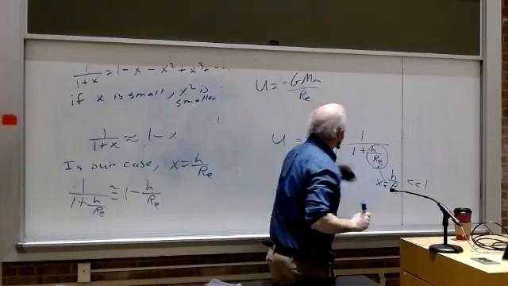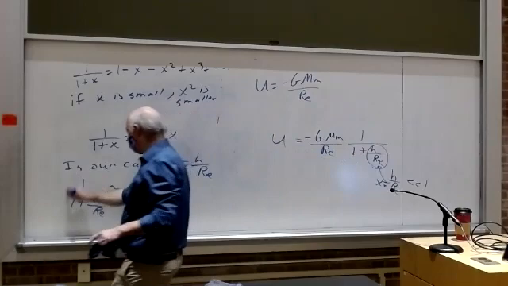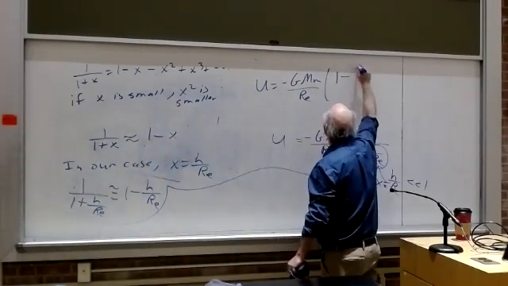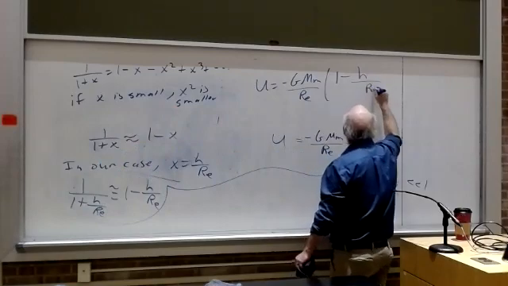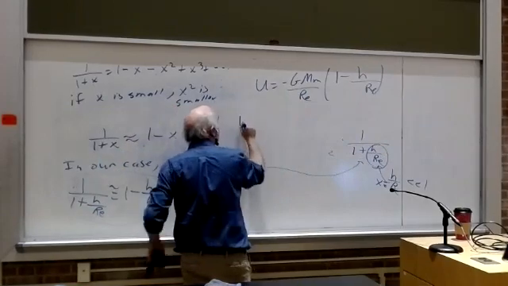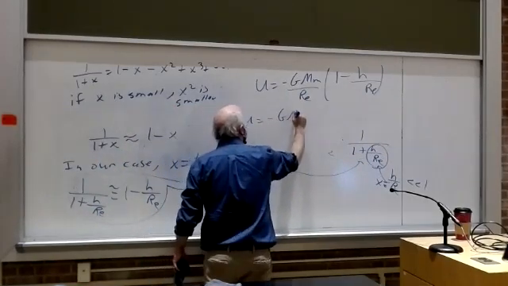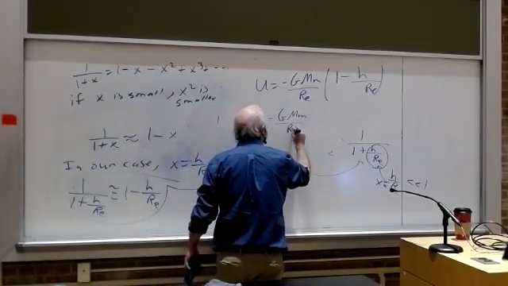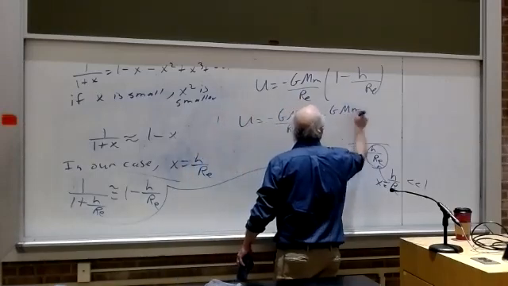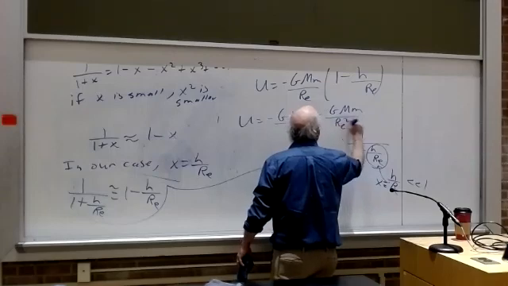So this whole mess here gets replaced by this guy. That gets over here. So this is now 1 minus h over r sub e. Let's multiply that out and we get something cool. This times this gives me G M little m over r e squared times h.